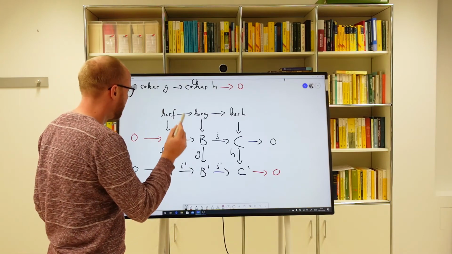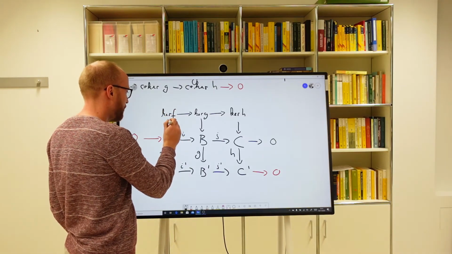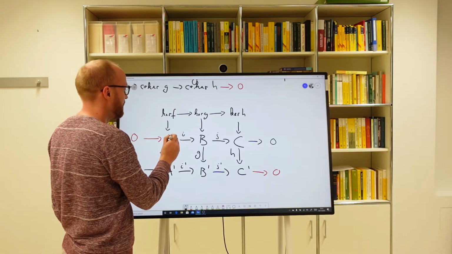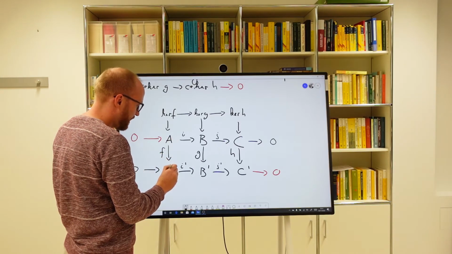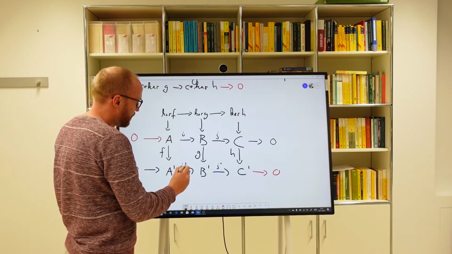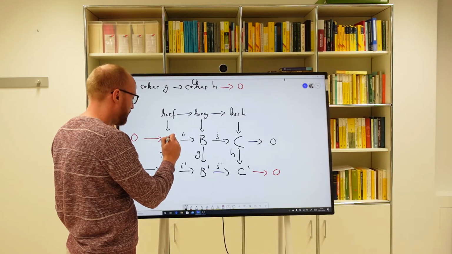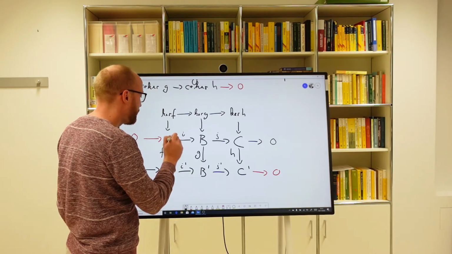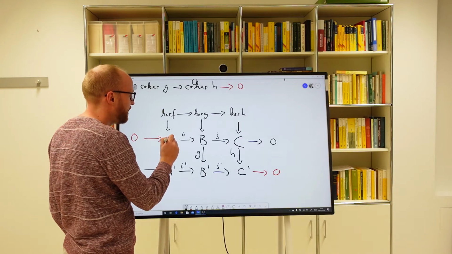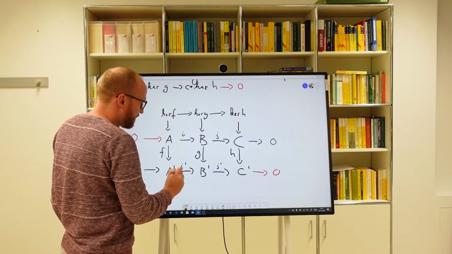So let's see. So say we've got an element in the kernel of F, so it lies in A and is mapped by F to 0. Then since I prime is a homomorphism, it of course maps 0 to 0. So if I follow this composition with this element I chose here in A, then I get 0.